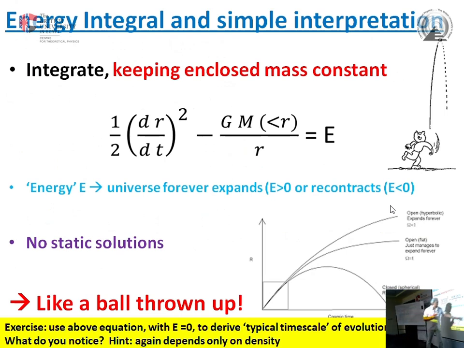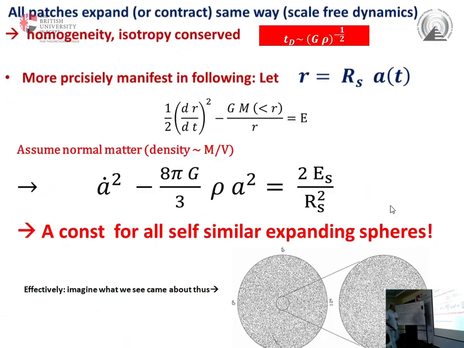And the ball can go up, but if you throw it really hard, the ball will escape. It will reach the escape velocity. And in cosmological terms, we will see that this is the difference between a universe that expands and recontracts and one that always expands. Okay?